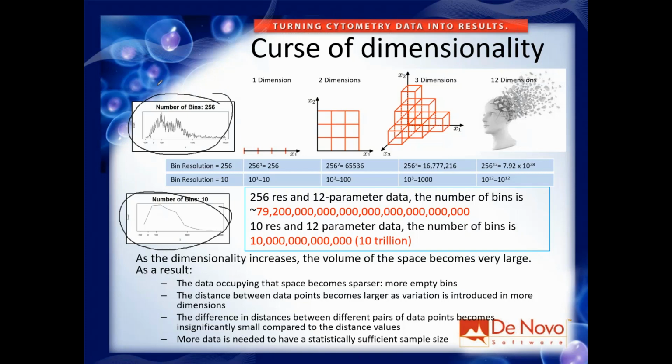So what is the problem with high dimensional data analysis? Why is it so challenging? It's challenging because of the so-called curse of dimensionality, and that's a really easy concept to understand. If I have 3 possible bins in a single dimension, I'm binning my data into one of 3 possible bins.